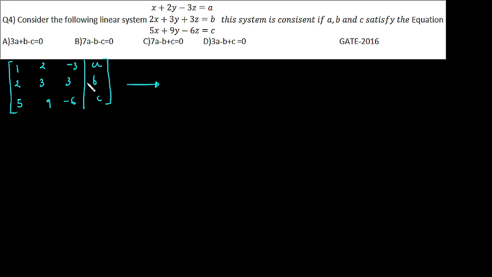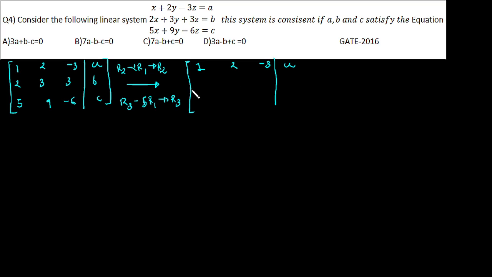First of all, let's subtract 2 times R1 from R2, and let's subtract 5 times R1 from R3. After that, the first row remains as it is.